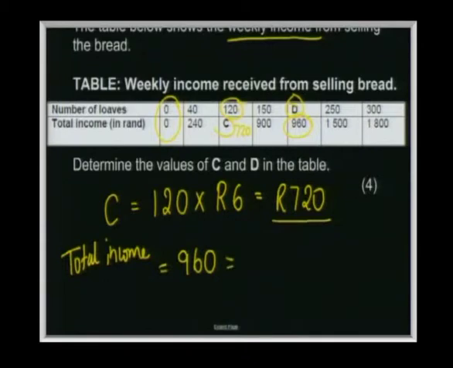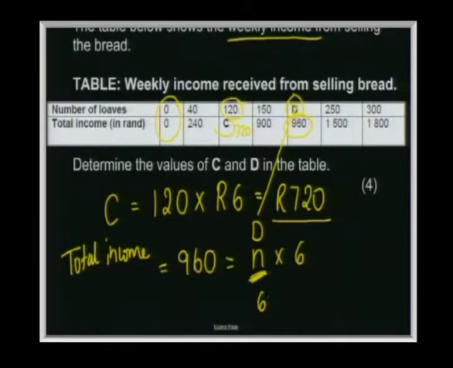I want to find out how many loaves, so I'm just going to call the number of loaves N, and I know that the cost of the loaves is 6 Rand. So that's basically my equation. I want to find out what this value is, and this value is what our D value is, which is what we're looking for.